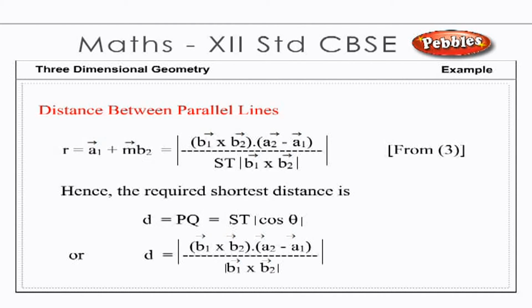This equals mod of (b1 vector cross b2 vector) dot (a2 vector minus a1 vector) by ST times mod b1 cross b2, from 3. Hence, the required shortest distance is d equal to PQ equal to mod ST cos theta, or d equal to mod of (b1 vector cross b2 vector) dot (a2 vector minus a1 vector) by mod b1 vector cross b2 vector.